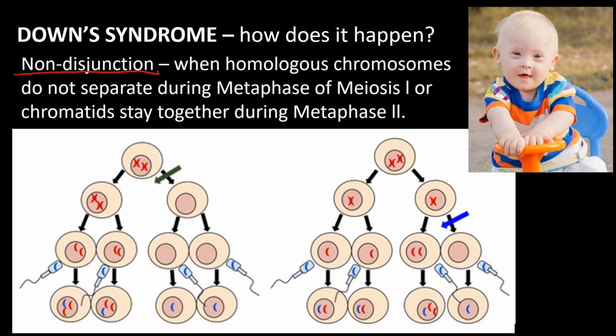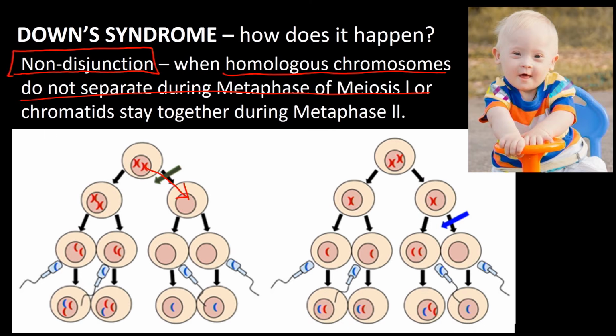And that is called non-disjunction. The homologous chromosomes do not separate. That can happen during the first division of meiosis. Here you can see what's happening. There should be one of those chromosomes going into that cell. There isn't.